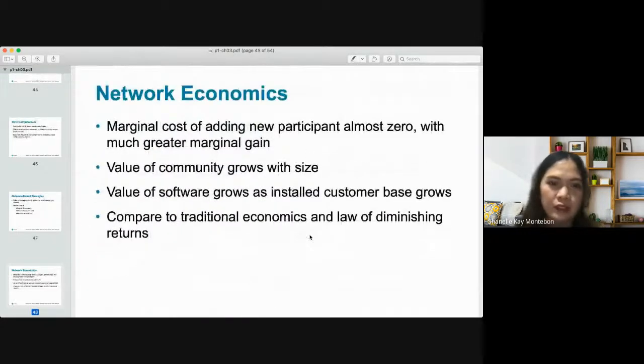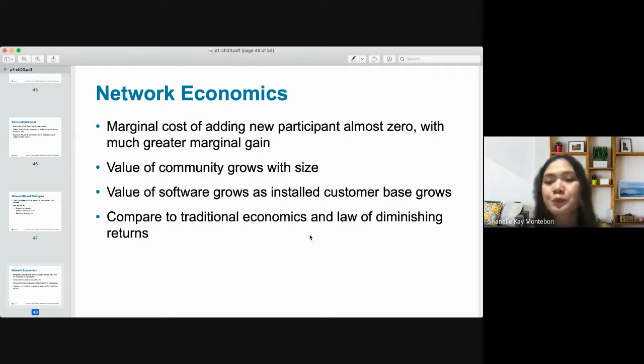Network economics, ito yung when the marginal cost of adding a new participant is almost zero, pero yung marginal gain is much greater. The value of the community grows in size, the value of the software grows as the installed customer base grows, and it is the opposite when you compare it to traditional economics and the law of diminishing returns.